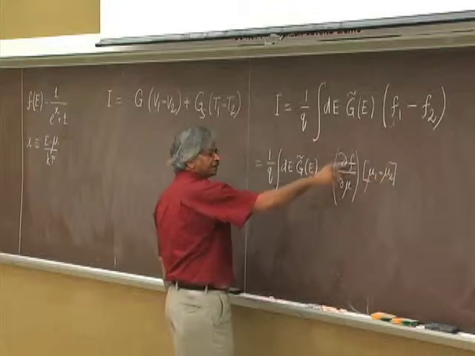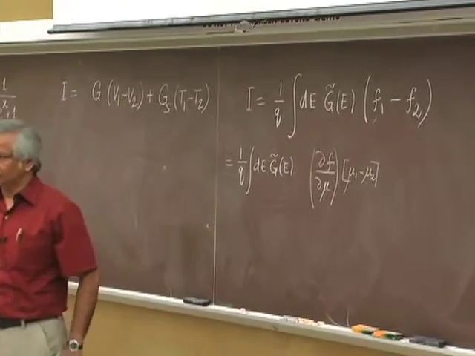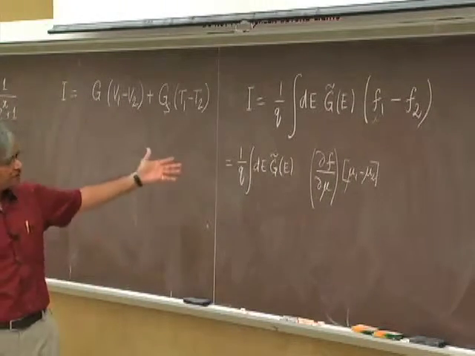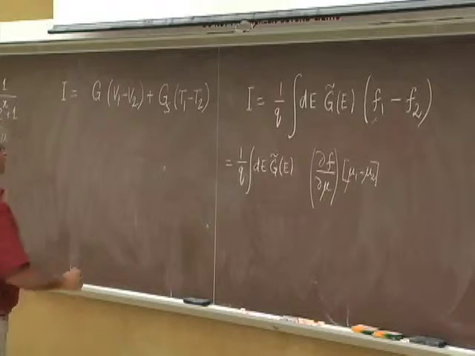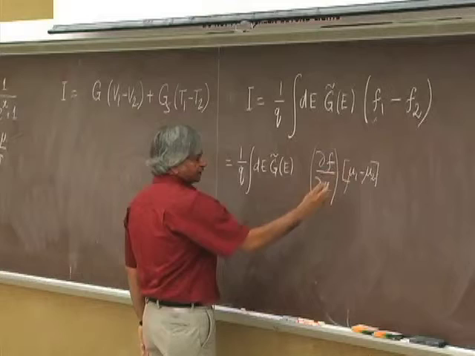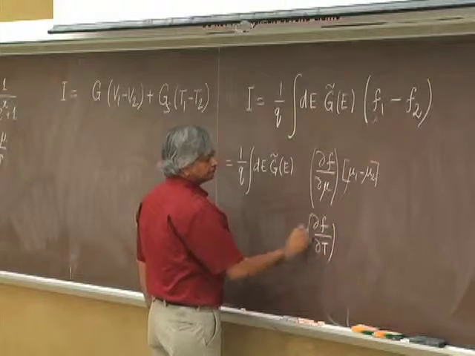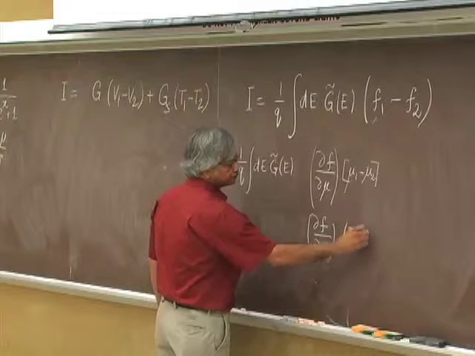And then we said that del F del mu was like minus del F del E. That was the way we got the conductance. Well, we could do something similar and get the temperature coefficient also. That is, you'd have del F del T times (T1 minus T2).